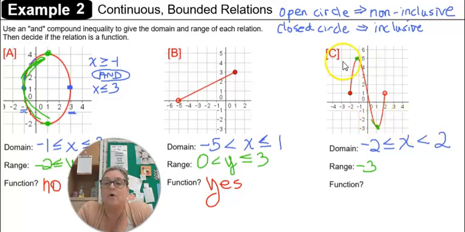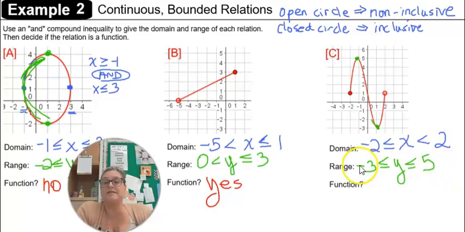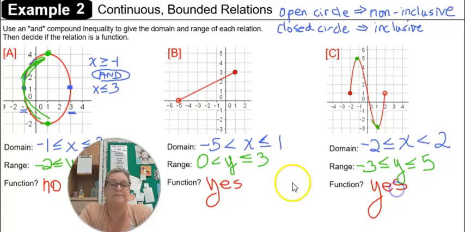Now, there were no open circles along that path, and so we assume they're closed. So we're going to use a less than or equal to for both of those bounds. So our bounded interval for the range is -3 to 5, and it's closed on both ends. Okay, this passes the vertical line test, and so it is a function.